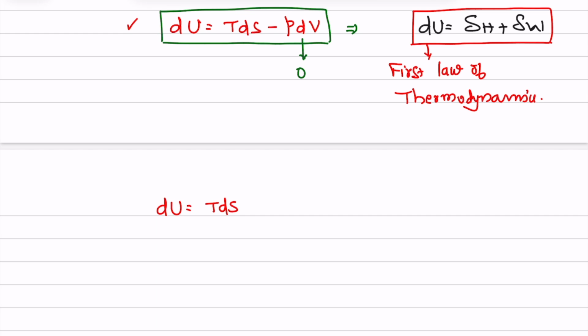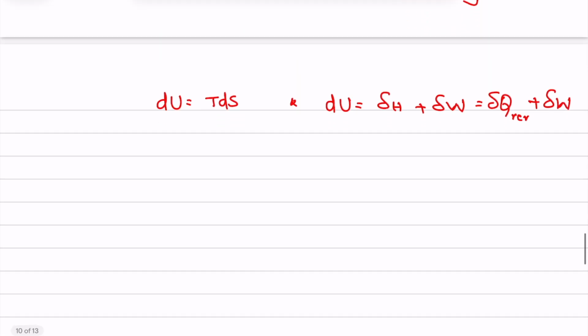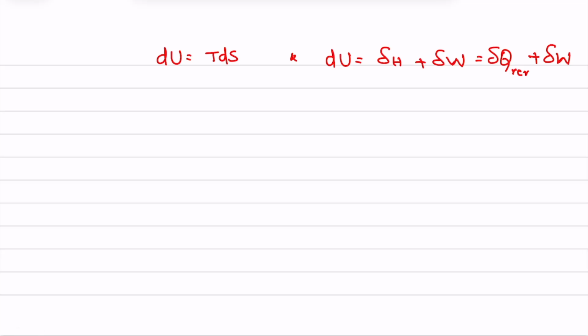From these two, du is equal to delta H plus delta W. We can call it as H or delta Q, let us say, delta Q reversible plus delta W. That means we got two equations here. When mass transfer is not there, du is equal to TdS minus PdV. This is the controlling equation.